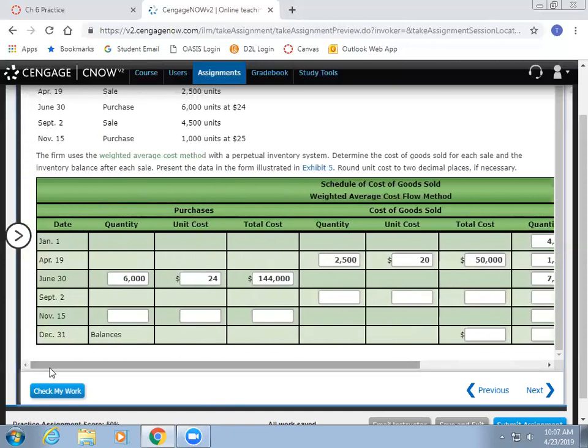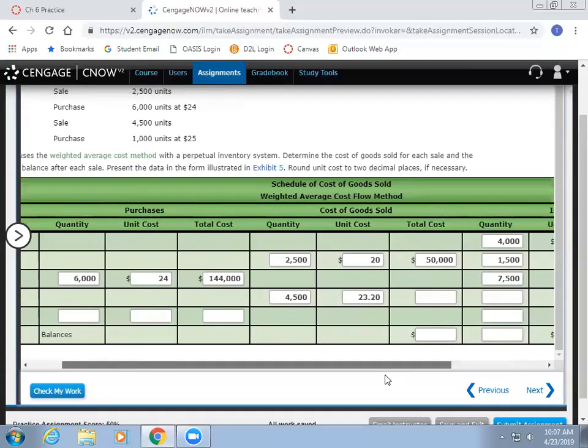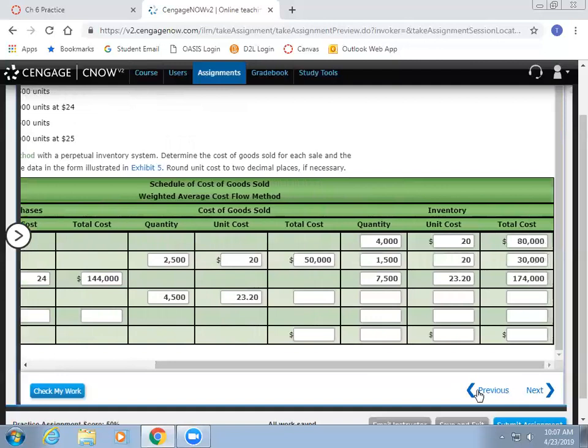On September 2nd, we sold 4,500 units. Well, the good news is we've already calculated the cost. So the cost is the $23.20 average. So our total cost should be $104,400.